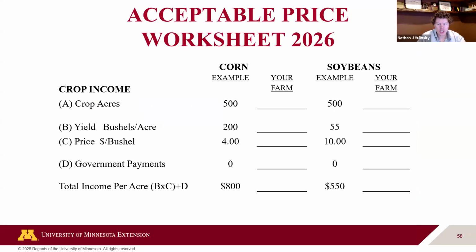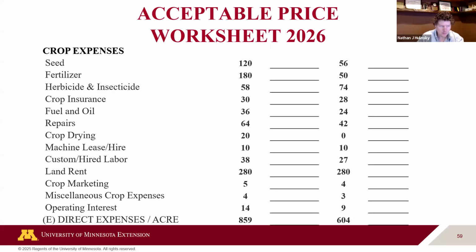The next worksheet for the farmer's point of view is the cost of production worksheet. So this is acceptable price, break-even point, cost of production. They all kind of mean the same thing. Very similar template to that previous worksheet. How many acres? We have 500 corn, 500 soybeans. Expected yield, expected price.